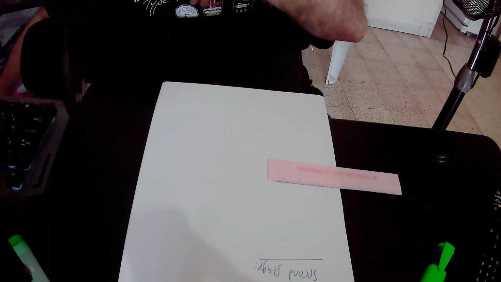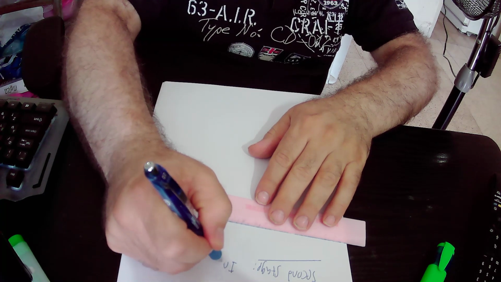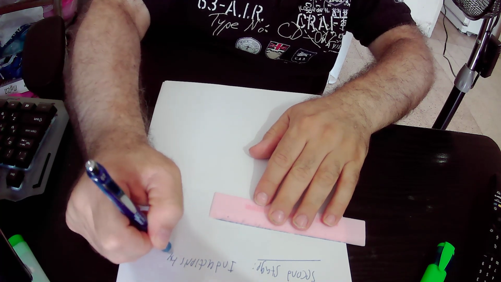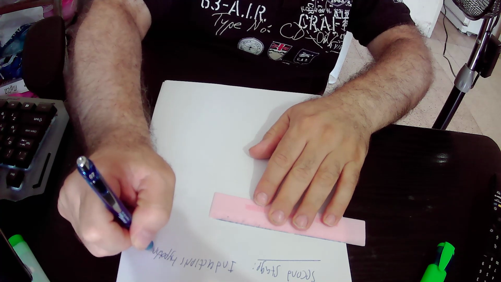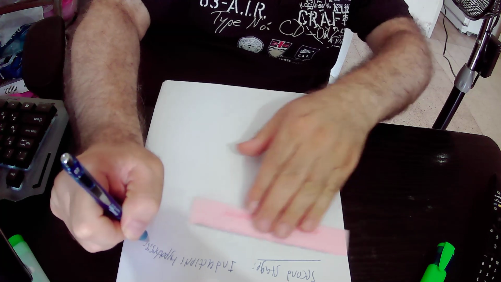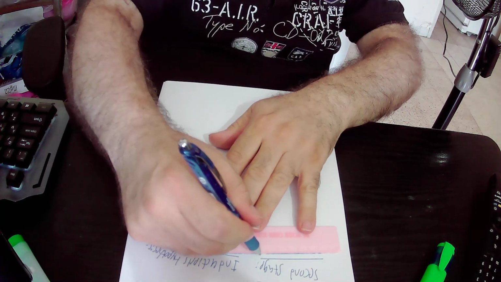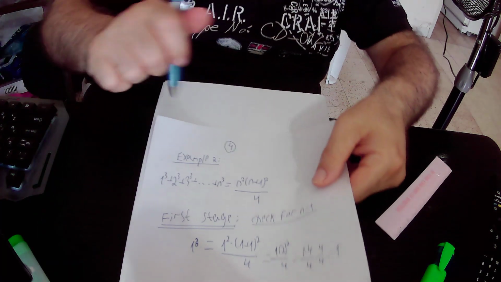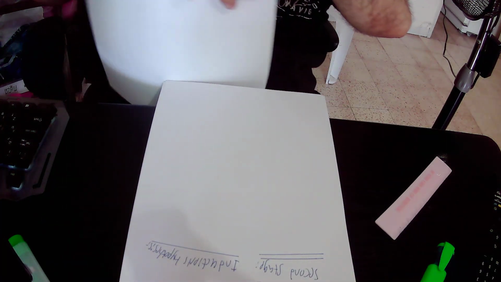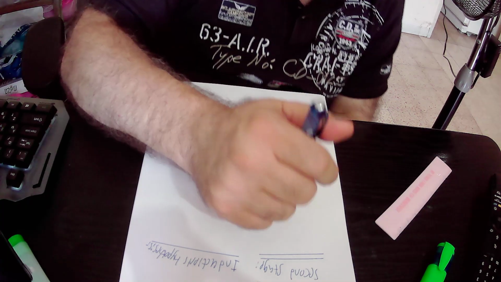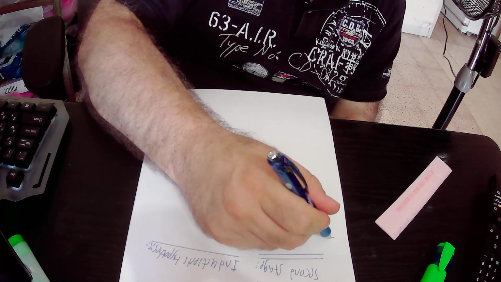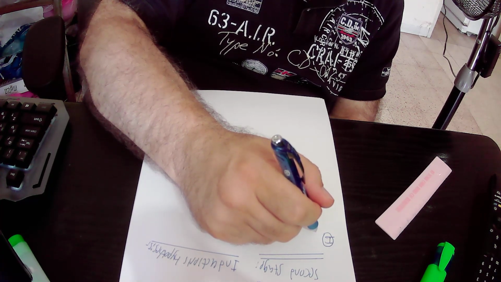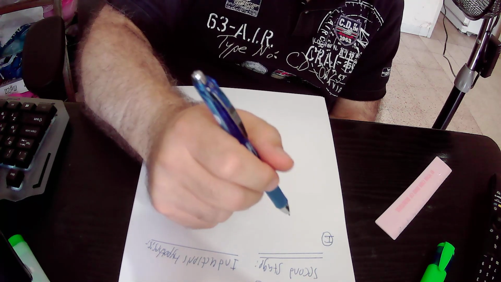So our induction hypothesis will be that this expression is true for n. So the expression for n actually will be exactly the same expression. So the first equation will be the expression for n, and this expression we assume that it is true. And that is the induction hypothesis.